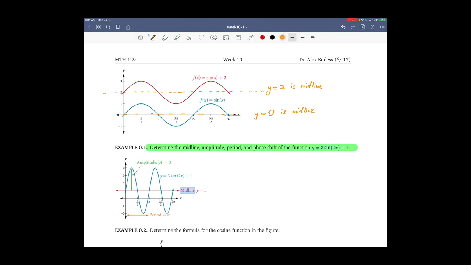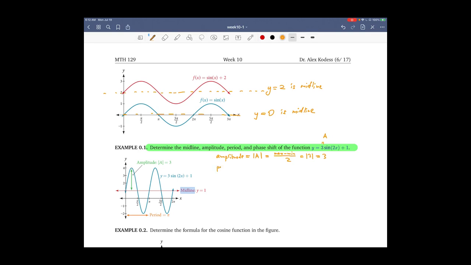All right, so amplitude we know is the absolute value of A, which is, on the other hand, maximum value minus minimal value divided by 2. In our situation, A is 3. So absolute value of A is also 3.